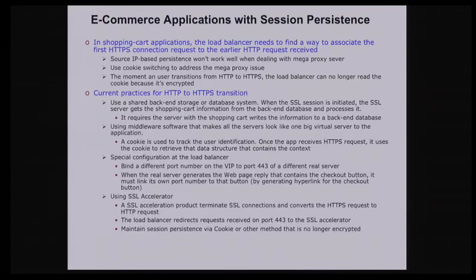The traffic is redirected into the accelerator, decrypted, and sent back to the load balancer. Because the traffic is now unencrypted, the load balancer can look into the packet, particularly the cookie, and use that as a tool for persistence.